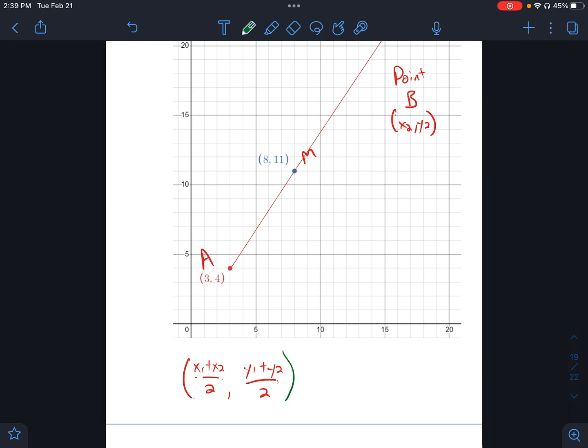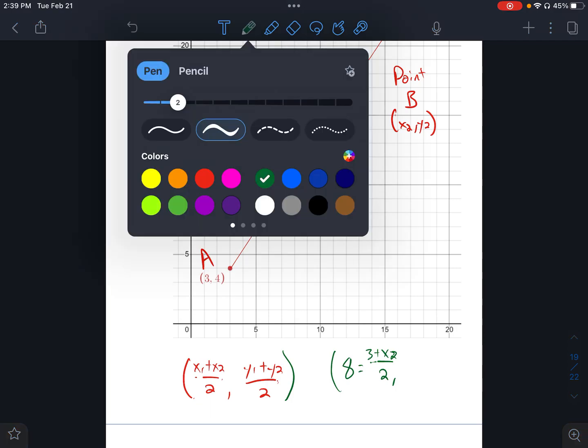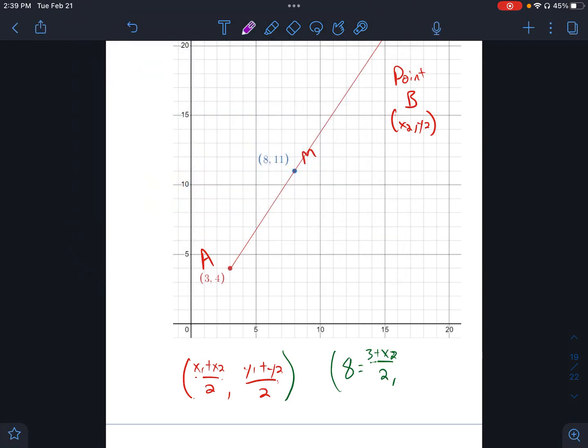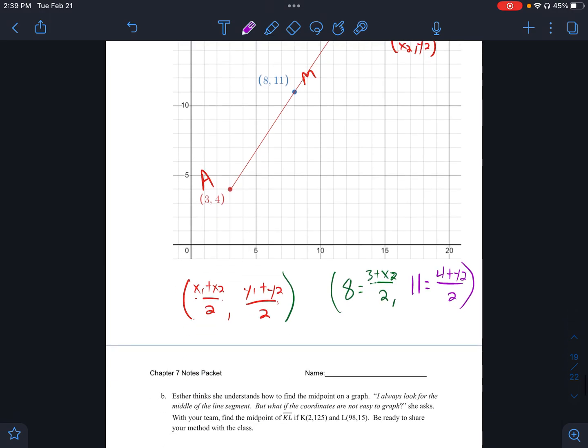So we know our midpoint for x is 8, which is equal to 3 plus x2 over 2. And we know the y of our midpoint, 11, is equal to 4 plus y2 over 2. Then we can just calculate these.